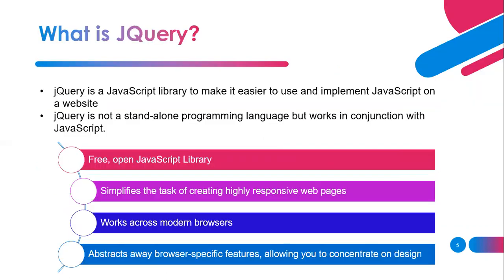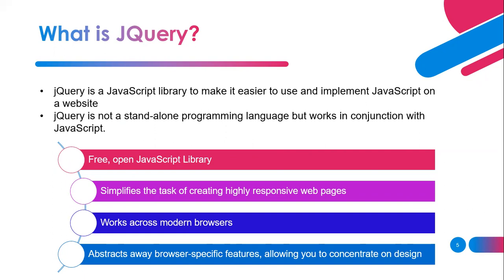So what is jQuery? If we say about jQuery, actually it's not far from JavaScript. So actually jQuery is not a new programming language, but it's JavaScript in a simple form. So jQuery is a JavaScript library to make it easier to use and implement JavaScript on a website. JavaScript has many functions that are collected in a library.